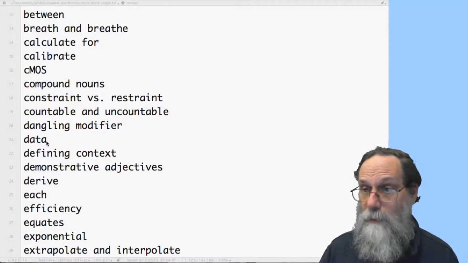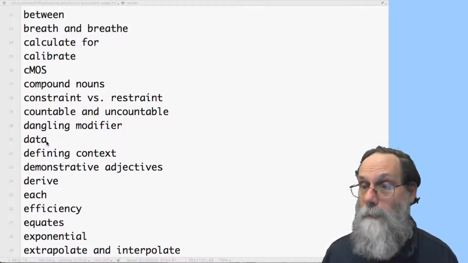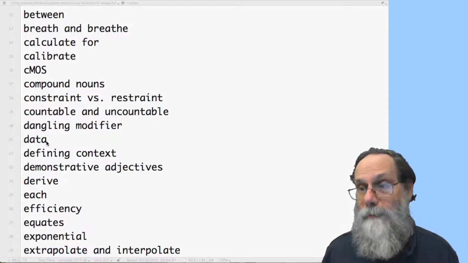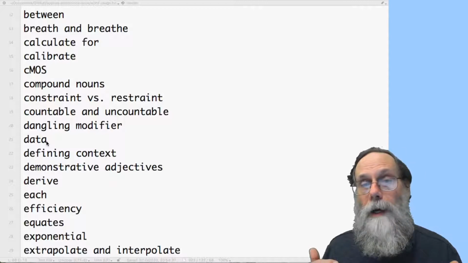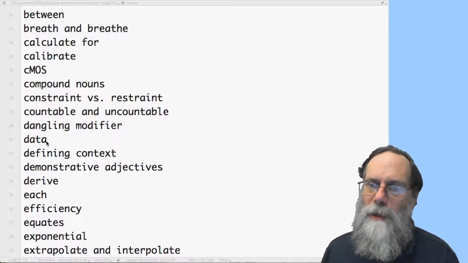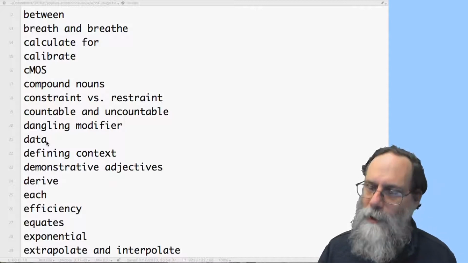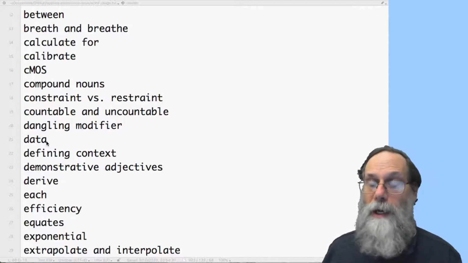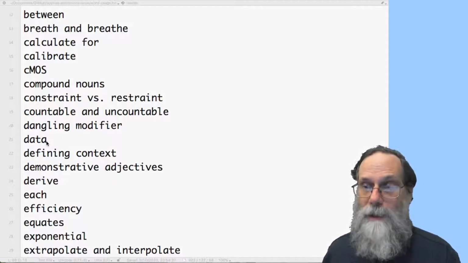50 years ago, data was a plural noun. It was a plural of the Latin word datum, which is also sometimes used in English. However, words change in English. And data has become one that some people regard as a plural noun still, and some people regard as an uncountable noun, and so grammatically singular.